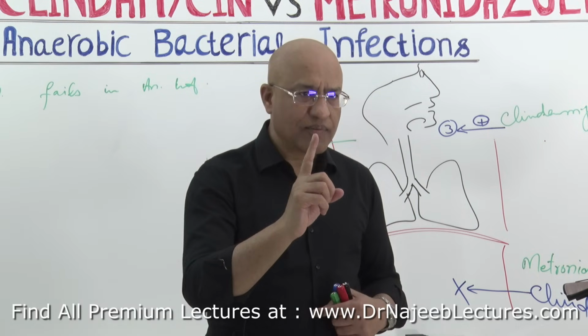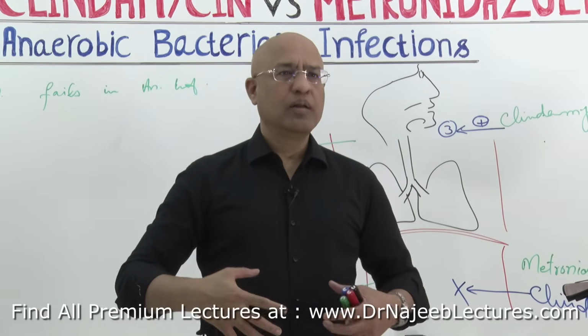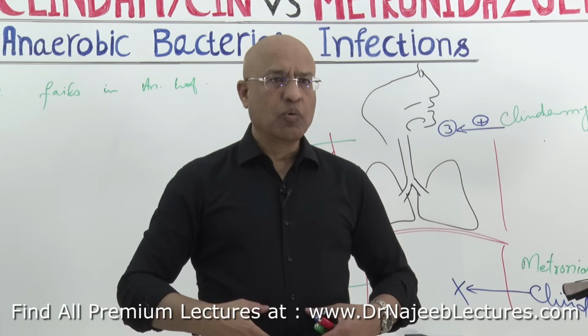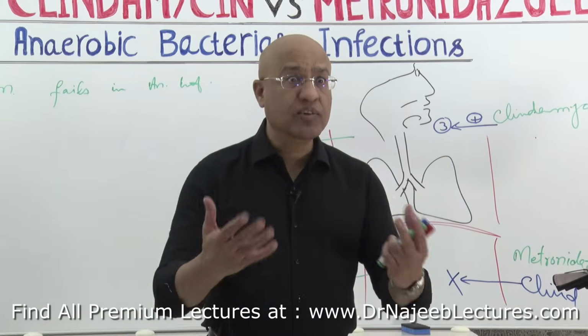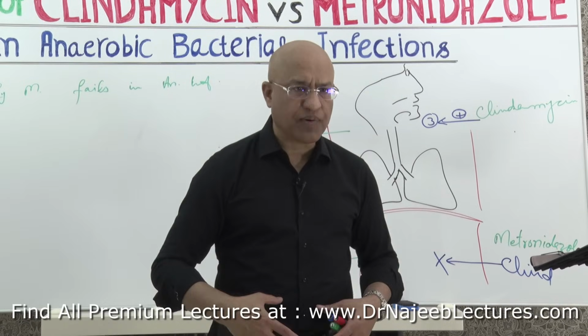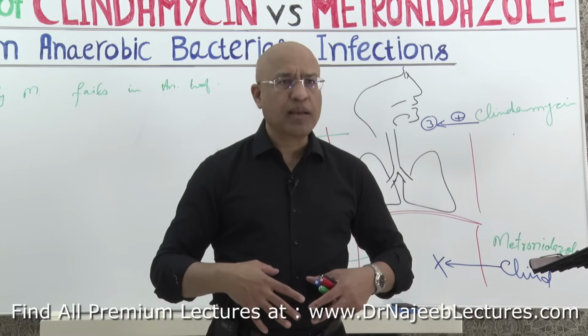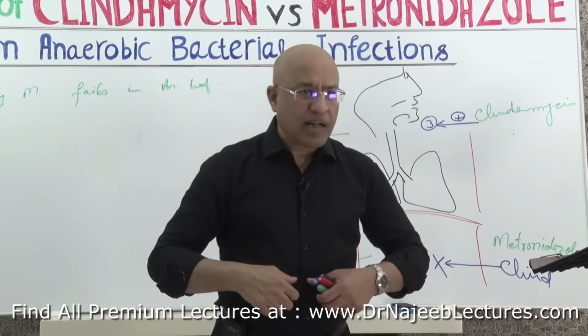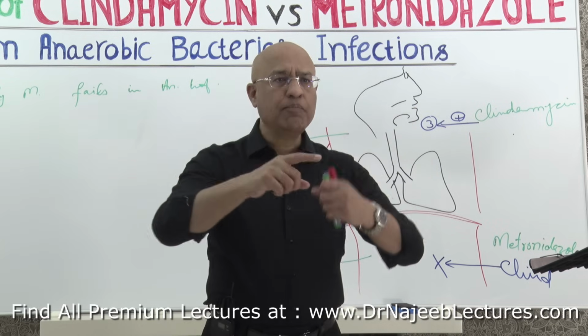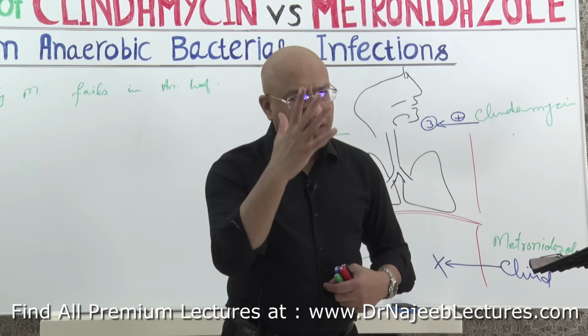The clinical saying is that while treating anaerobic infections, which are usually mixed, polymicrobial infections, if infections are below the diaphragm, we prefer metronidazole. If infection is above the diaphragm, we prefer clindamycin.